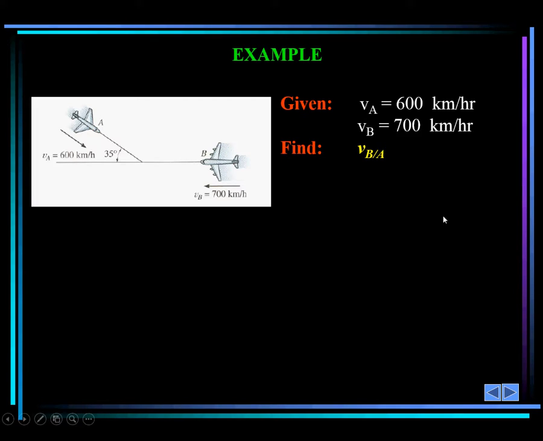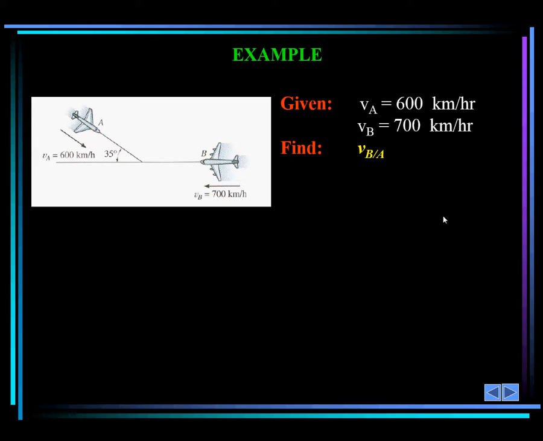For example, let's try to solve some problems now. These are two airplanes, but they could be two cars. The velocity of A is 600 kilometers per hour. The velocity of B is 700 kilometers per hour.